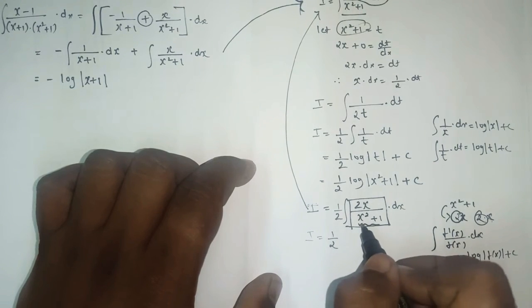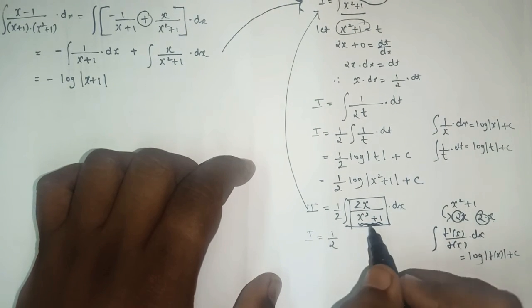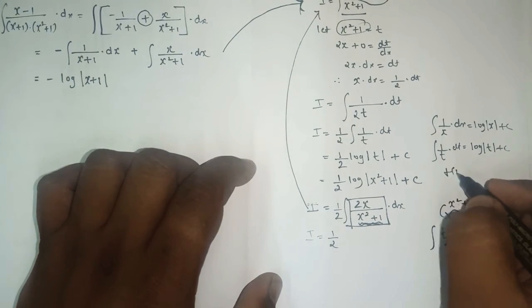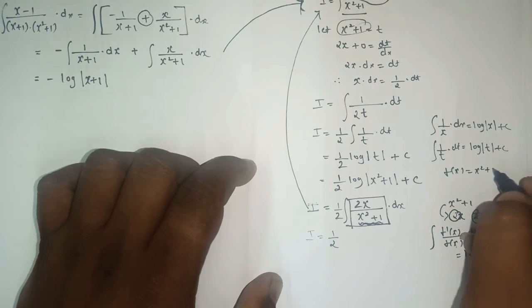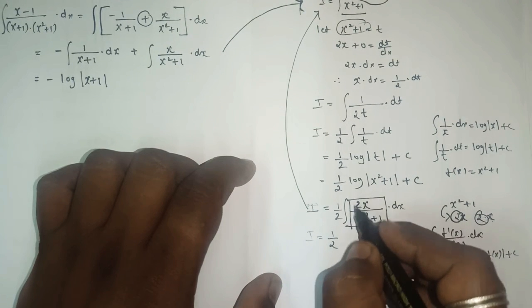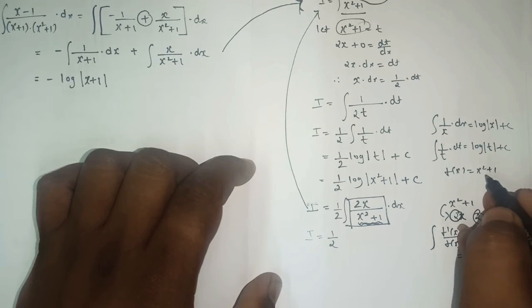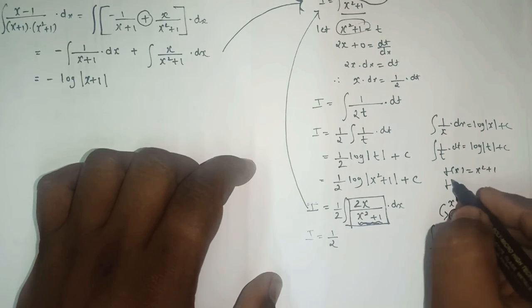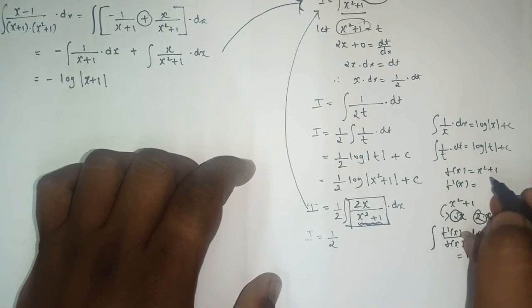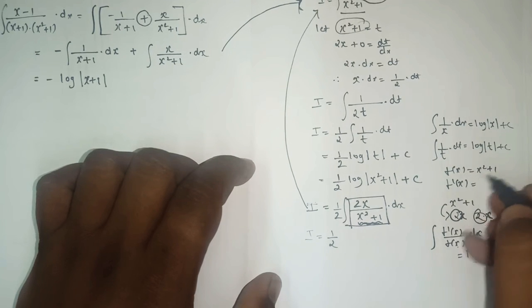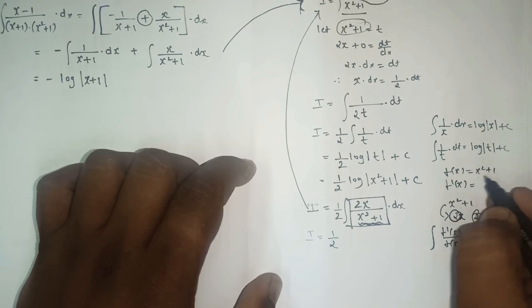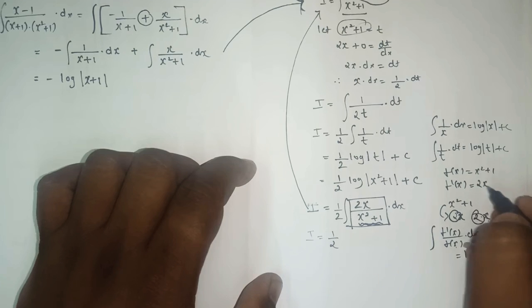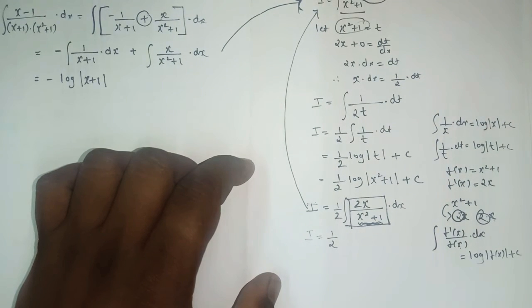Yes, see the derivative here, this denominator section is f of x, and the numerator section we consider as f dash x. So f dash means derivative of f of x. So the derivative of x square plus 1 will be 2x plus 0, yes or no?